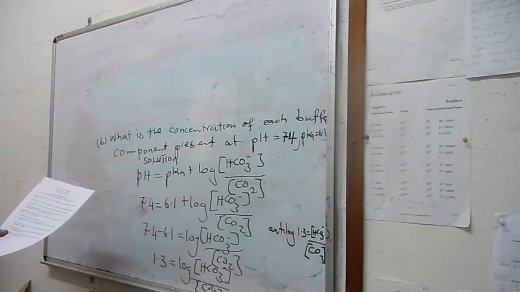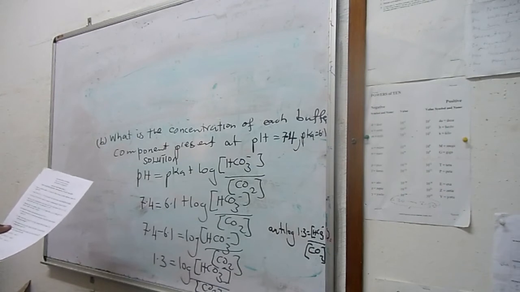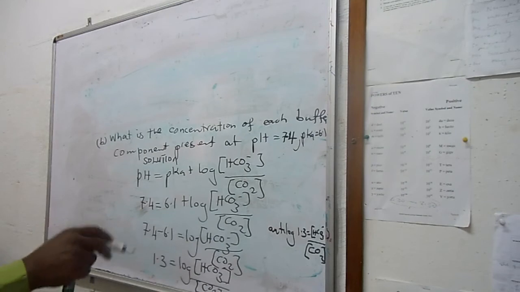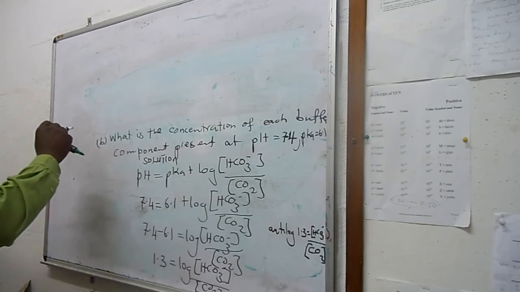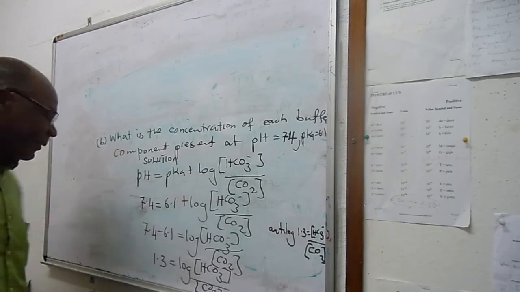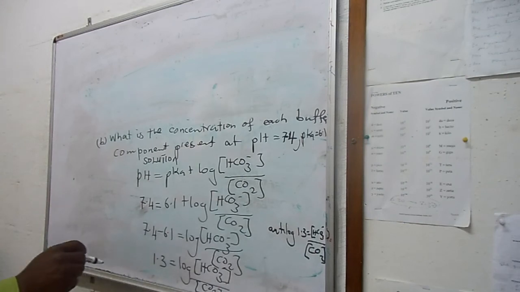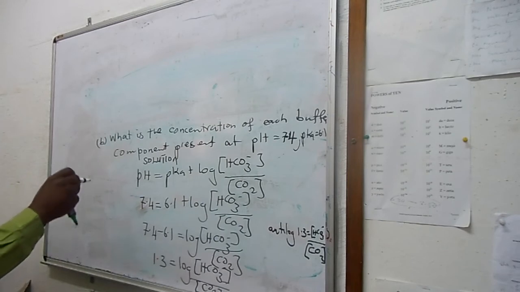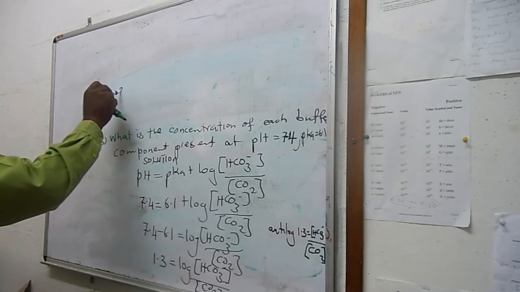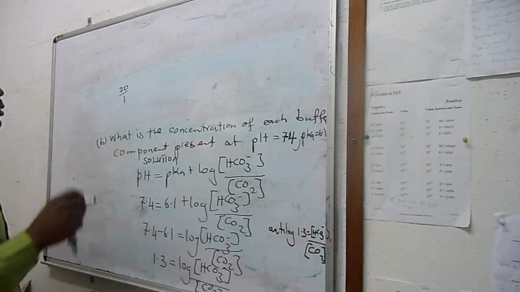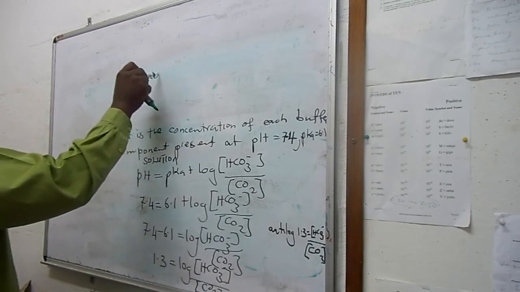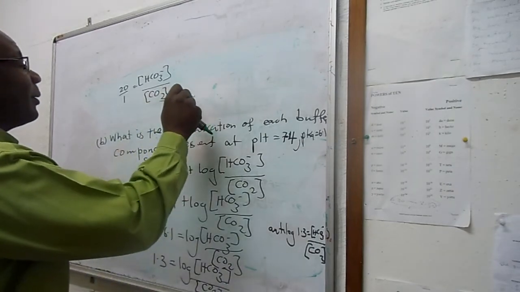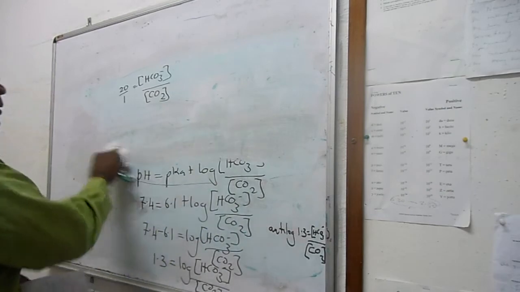We were given the statement: blood plasma contains a total carbonate pool of 2.52 times 10 to the power minus 2. So after you have found the ratio, I don't have a scientific calculator, so just for argument's sake, if you say it's 20 to 1, it's not the actual ratio, calculate the ratio, but if it's 20 to 1, concentration of bicarbonate over concentration of carbon dioxide, then you can do the mole ratios.